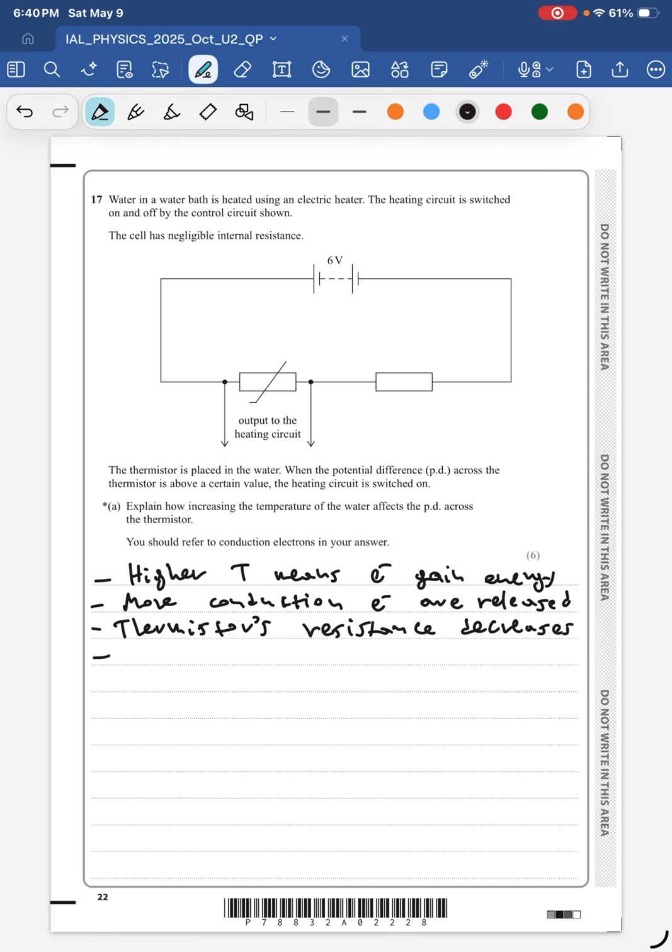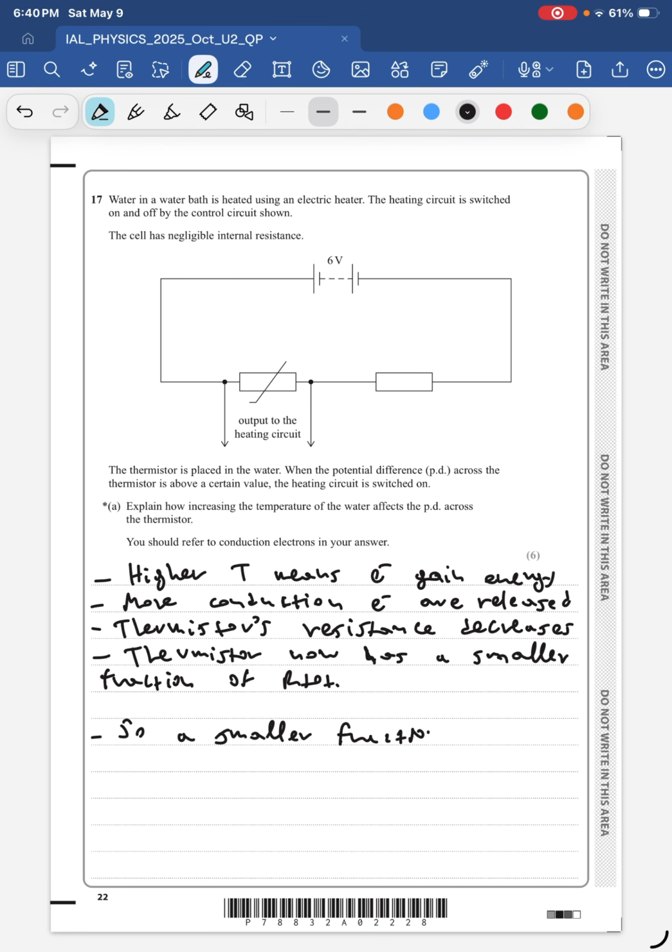So the thermistor now has a smaller fraction of the total resistance, so a smaller fraction of the 6 volts is dropped across the thermistor. Okay, I hope this makes sense.